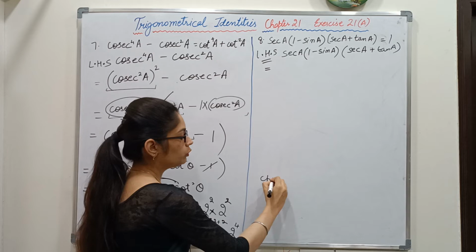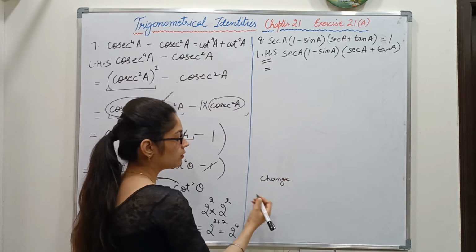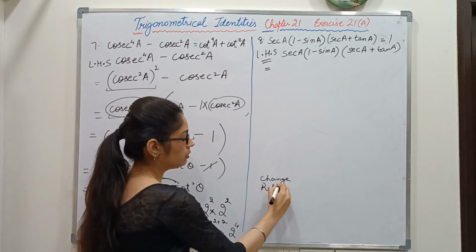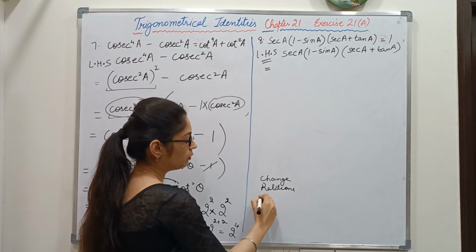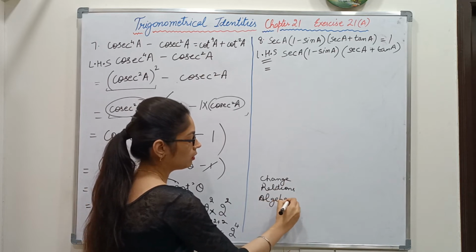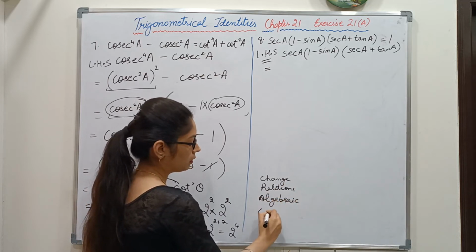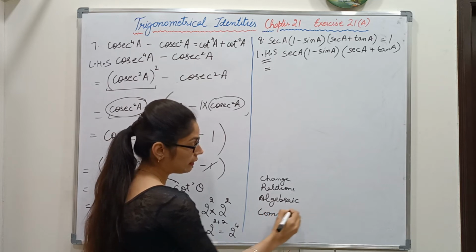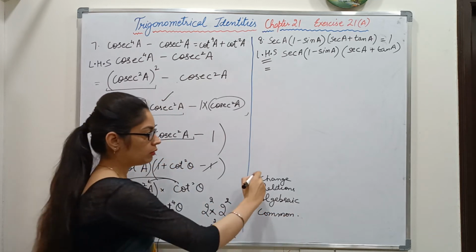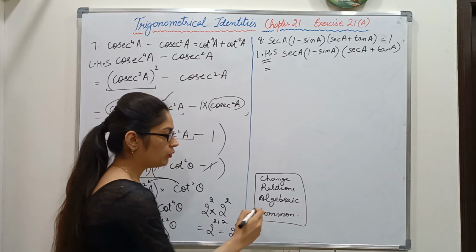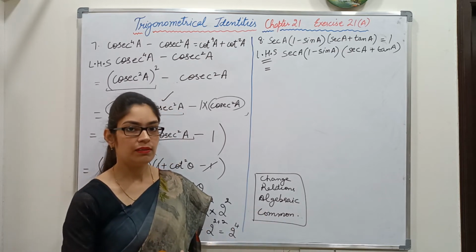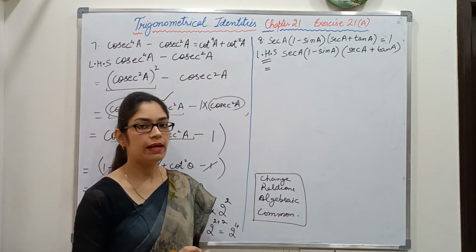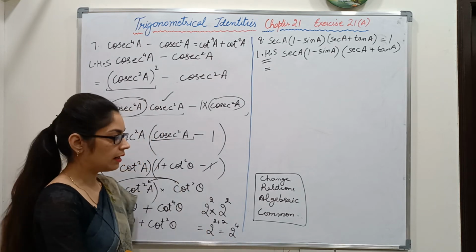One thing is to change, another is to look out for the relations. Then I have told you algebraic expressions, then taking out common. These are the 4 things I have already told you. So if you write these things beforehand, you will at least have an idea from where I can start.